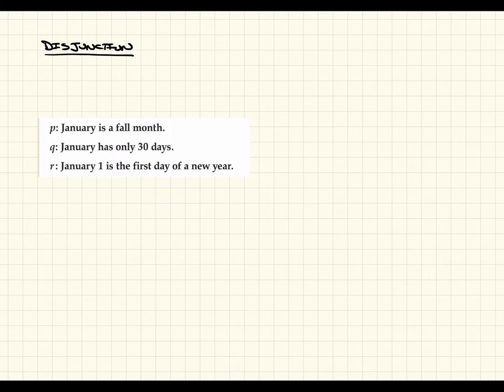Now that we have conjunctions squared away, let's talk about something called a disjunction. Where a conjunction is a compound statement that uses an and to separate the statements, a disjunction is a compound statement that uses the word or. So what does that mean?